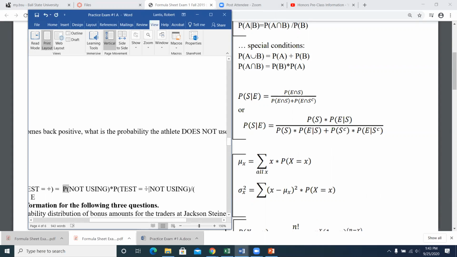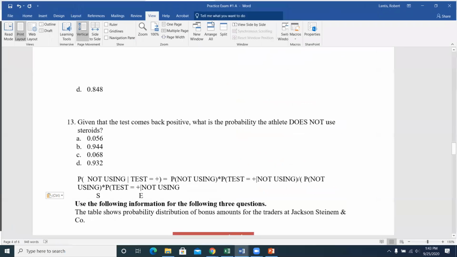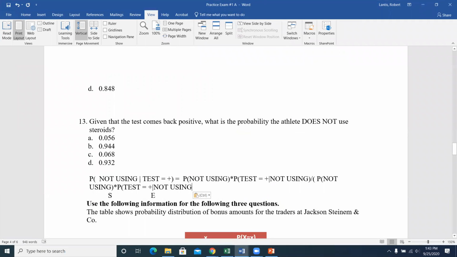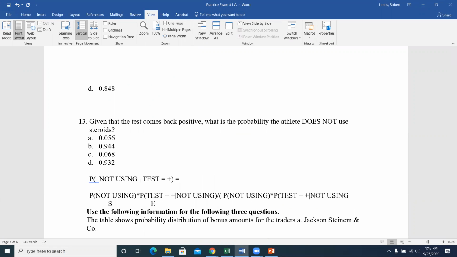So I really could just write this exact same thing down again. I'm going to hit enter here so it looks a little bit better. My numerator here is the very first part of my denominator.